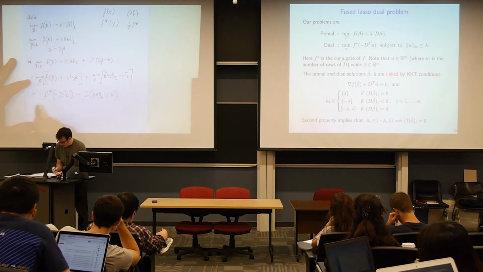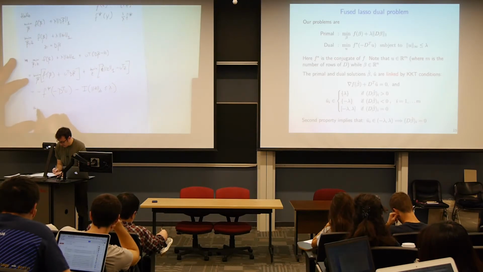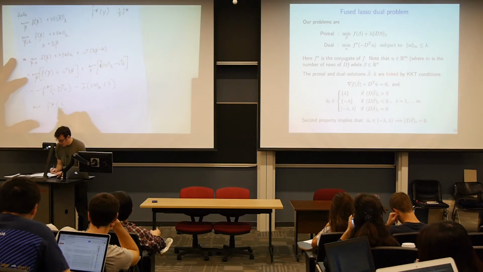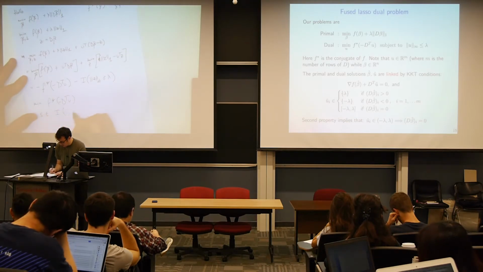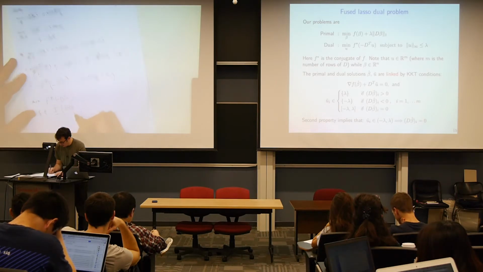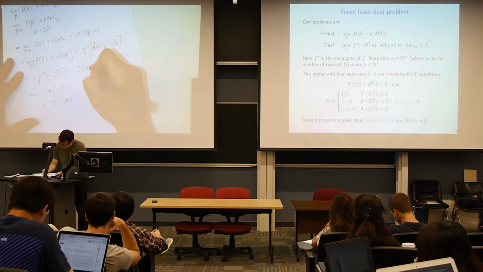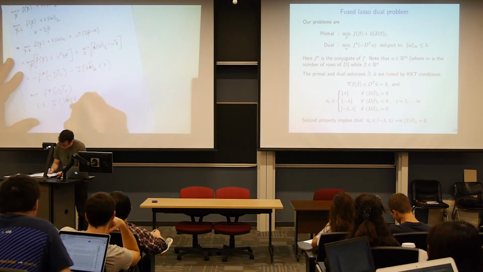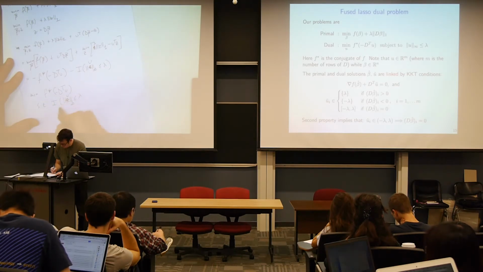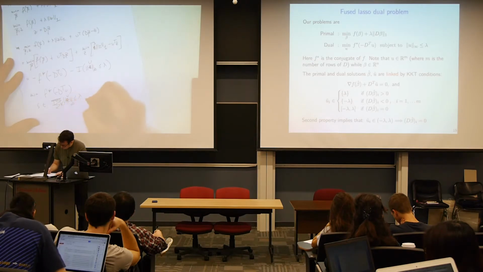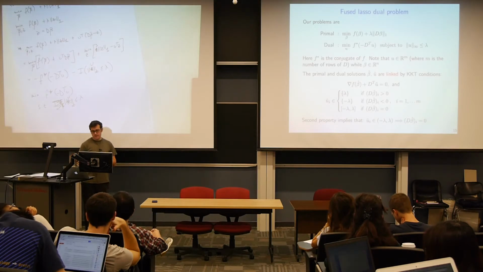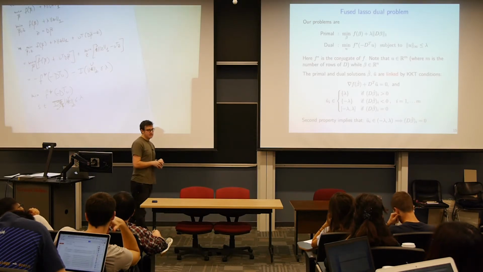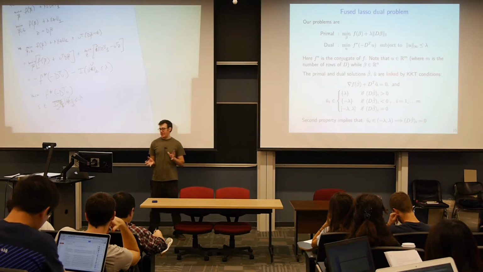By convention, we rewrite that as a minimization problem, and that's minimize d transpose u, subject to u less than or equal to lambda, right? And so now we're done. That's exactly what we have written on the slides. So hopefully that makes sense.